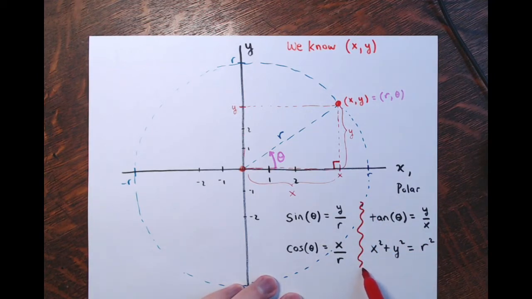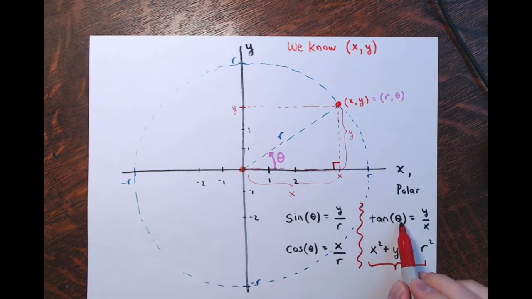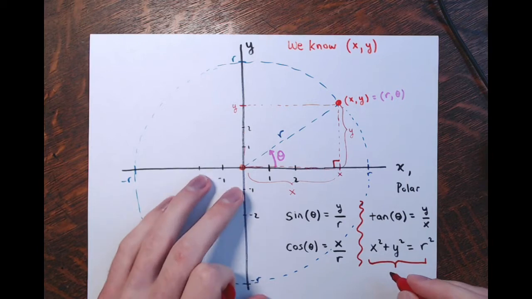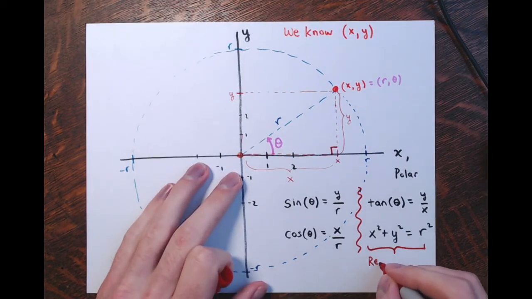It's these equations. The tangent of theta equals y over x. See, I know x, I know y, and I can find theta now. There's only one missing piece. Same thing with this equation: x squared plus y squared equals r squared. I know x, I know y. I just need to find an r. So these equations are going to be used when converting from rectangular to polar.